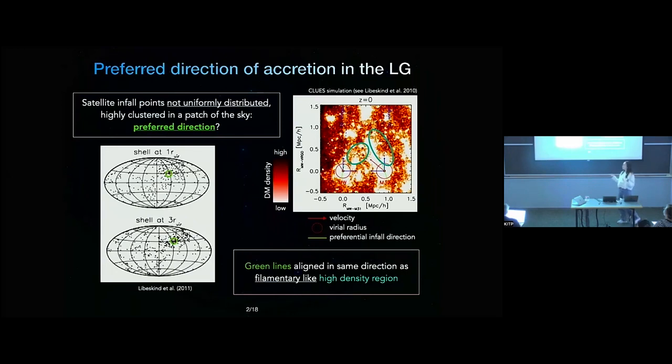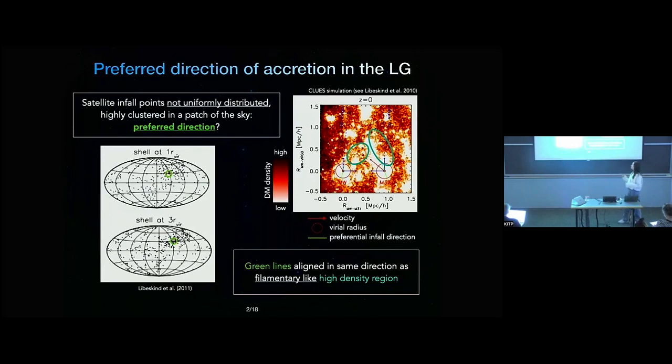And we notice that the points are clustered in a patch of the sky that is represented roughly by a green circle in both plots. And this suggests the existence of a preferred direction of accretion within the local group.